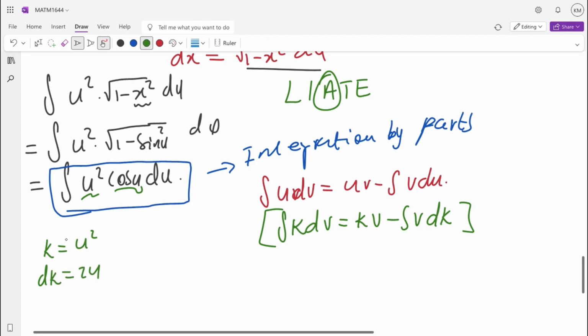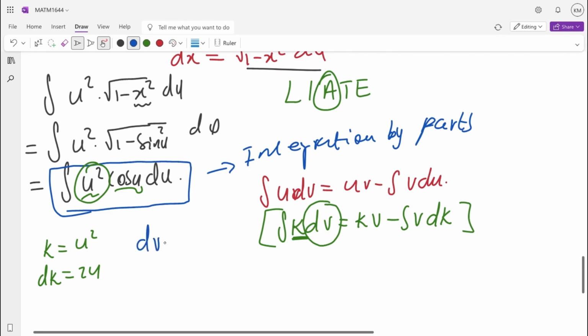So if we pick our k to be u squared, whatever is going to remain will be dv. That means dv will be cos u du.